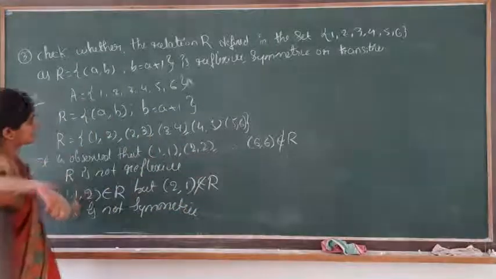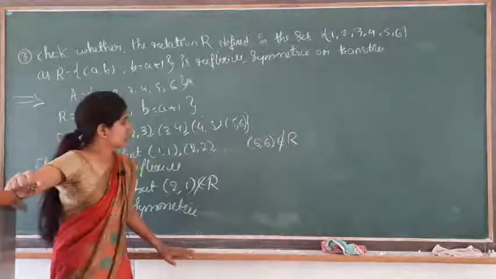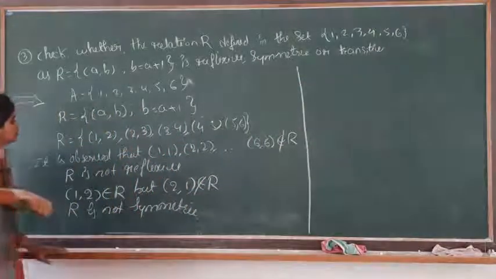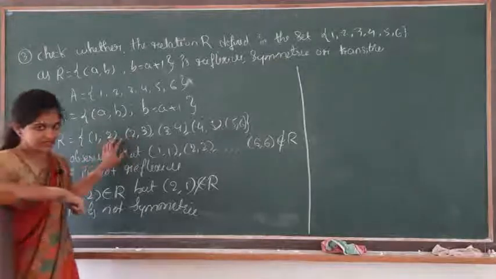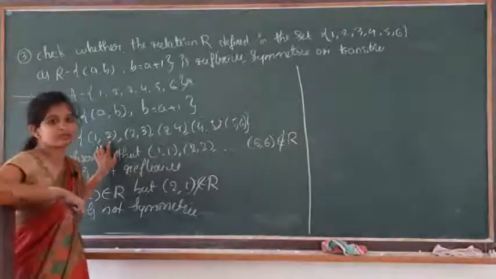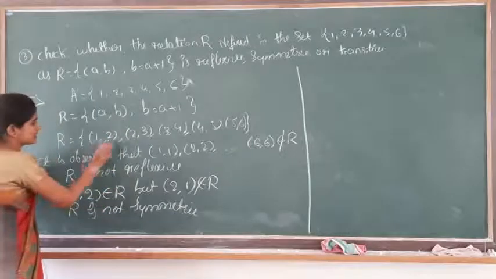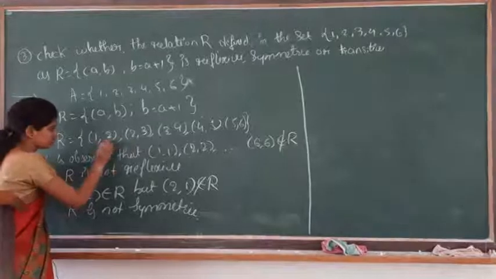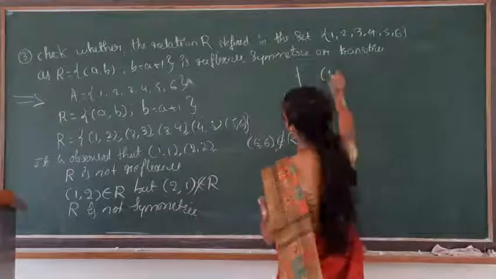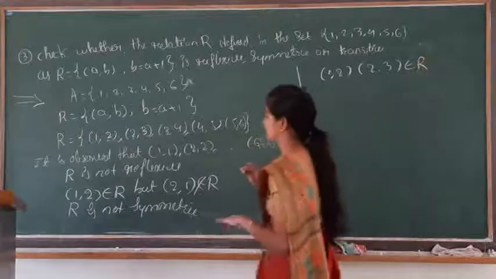And next, we have to check whether the given relation is transitive or not. By the definition of transitive, we have to choose two ordered pairs among the given relation such that the second element of one ordered pair is the same as the first element of the other ordered pair. If I take these two ordered pairs, these two elements are the same. Then (1, 2) and (2, 3) belong to the given relation.